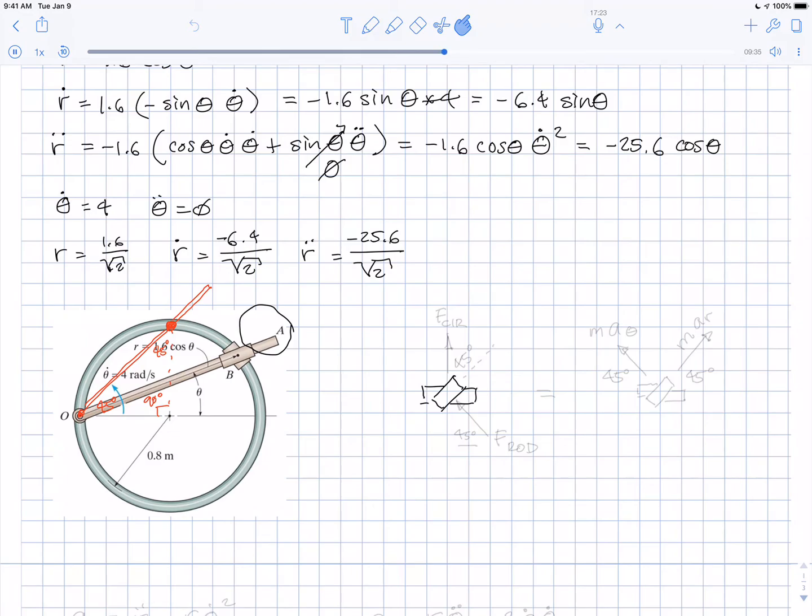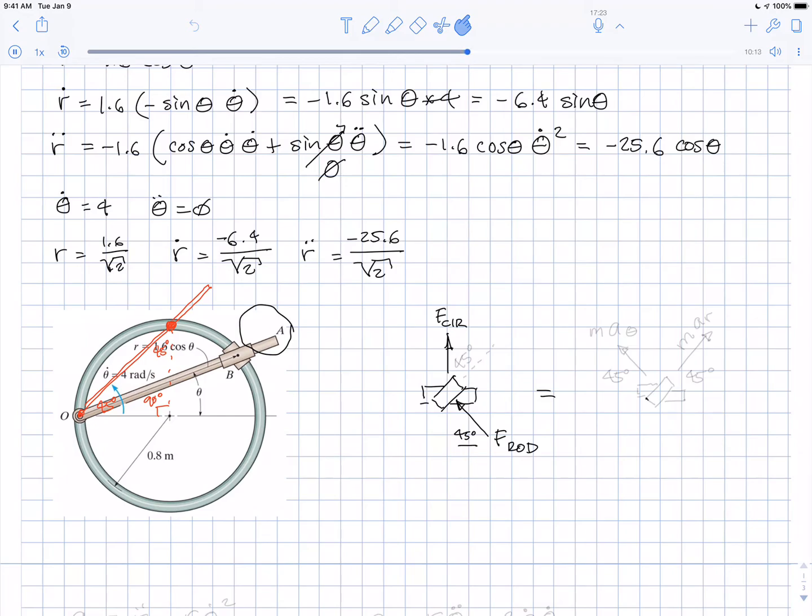So the original directions that I wrote, I had them going this way. The force of the rod is going to be 45 degrees, and then the force on the circle happens to be vertical, the force from the circle on the collar. That's really nice.